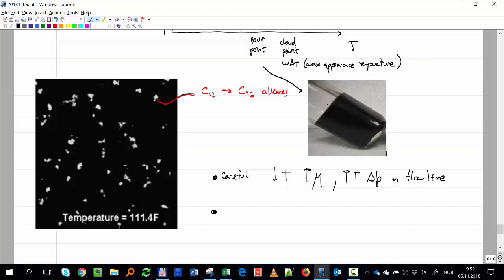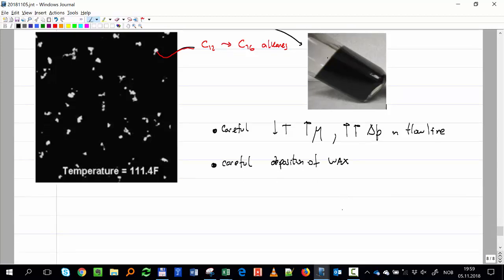Then there is another thing you have to be careful about, and that is the deposition of wax. All of these particles floating there tend to stick to the wall.